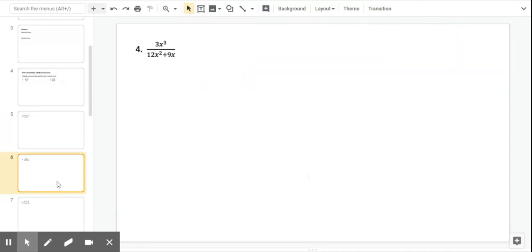Okay, so next one. This one is actually going to deal with GCF again, so we're going to start with GCF. Now in the numerator, it's just one term, so we don't actually have a GCF. When you just have one term, just leave it as is.